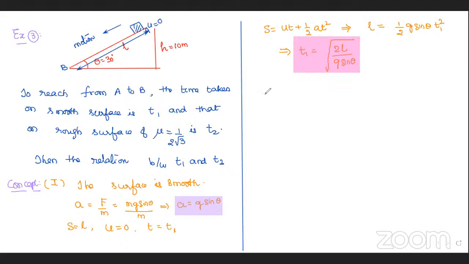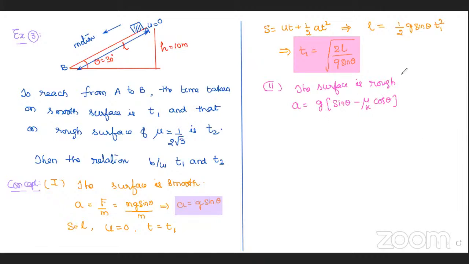Over. Then I am going to T2. T2 means what will be the acceleration on a rough surface, if I consider the surface is rough? No, not m cos theta. I think yesterday or the day before I told you the acceleration on a rough surface is equal to g into sine theta minus mu k cos theta. Is it correct?